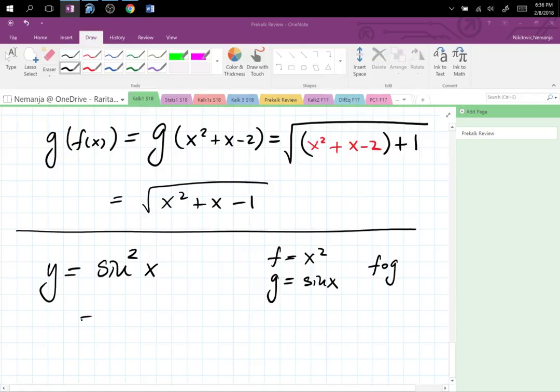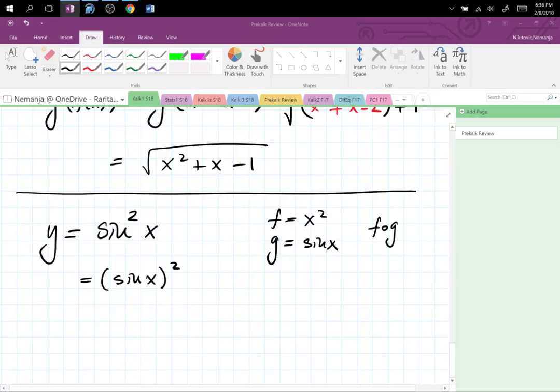So we get to rewrite this sine as sine x, everything squared. And all of a sudden now, it kind of makes sense to have the inner function replaced by g of x.